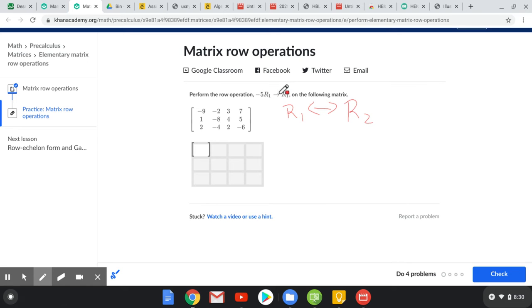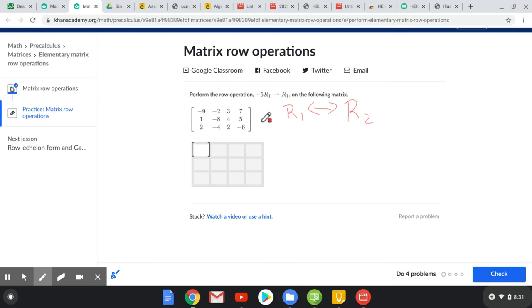The row over here on the right is always where you're putting your new row. No matter what's happening on the left, you're going to put that in the row that's designated on the right side. So I can multiply a row and then put it in the same location. I'm allowed to do that.